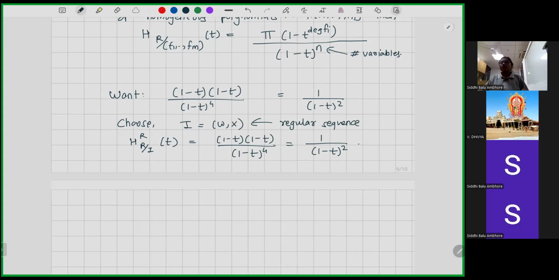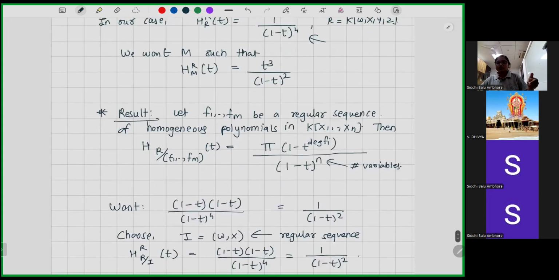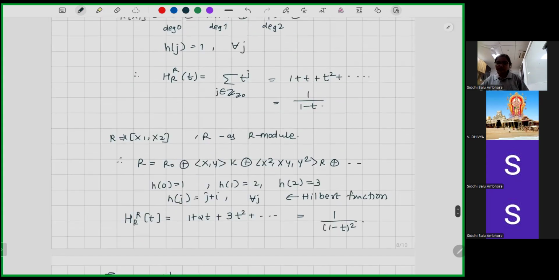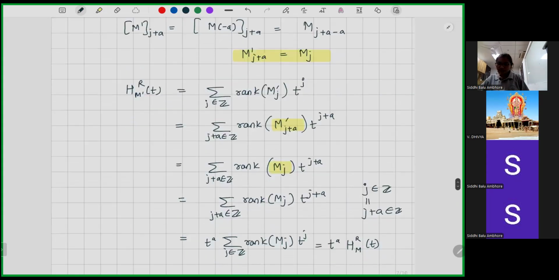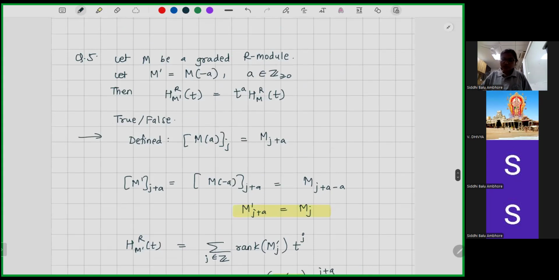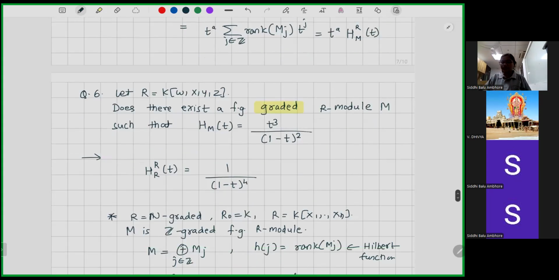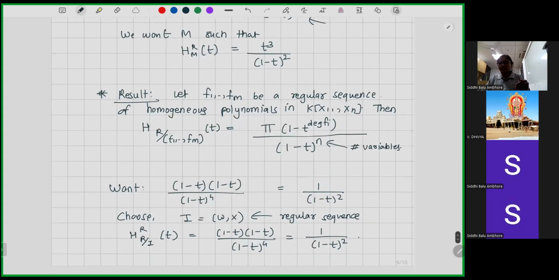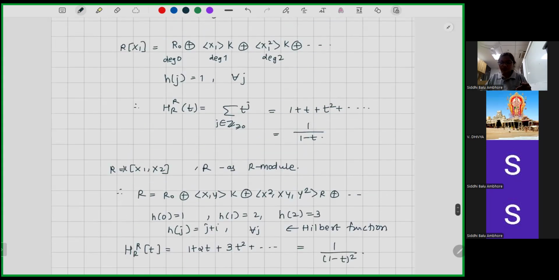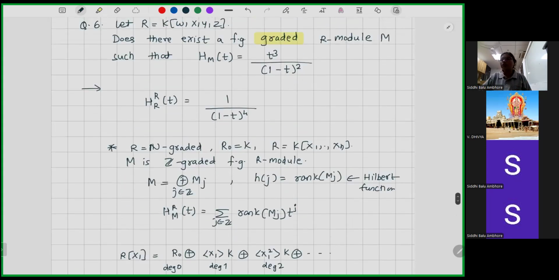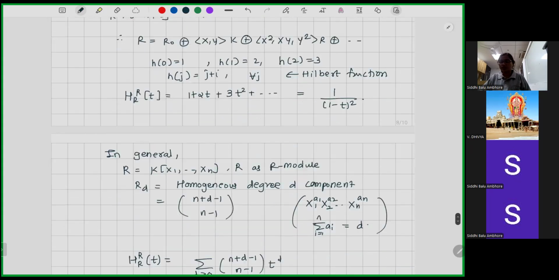And now what I want is t cube. So note that in the previous question, if I shift the grading by 3 in the obtained R mod I, then it will be t cube times whatever we have for R mod I, and it will be exactly the expression which we want here, t cube divided by (1 - t) whole square.